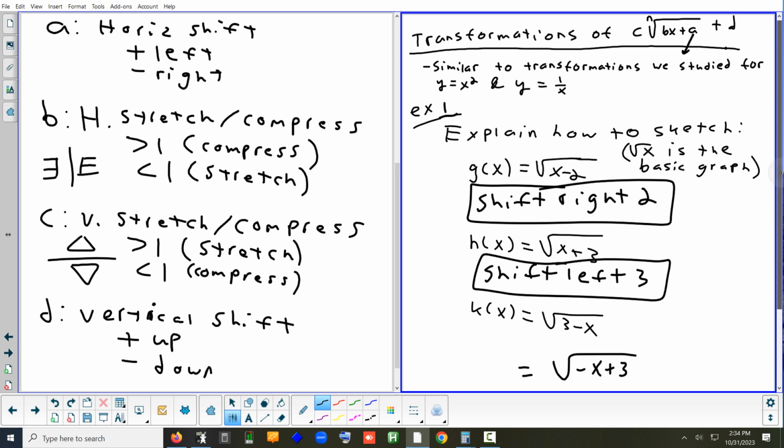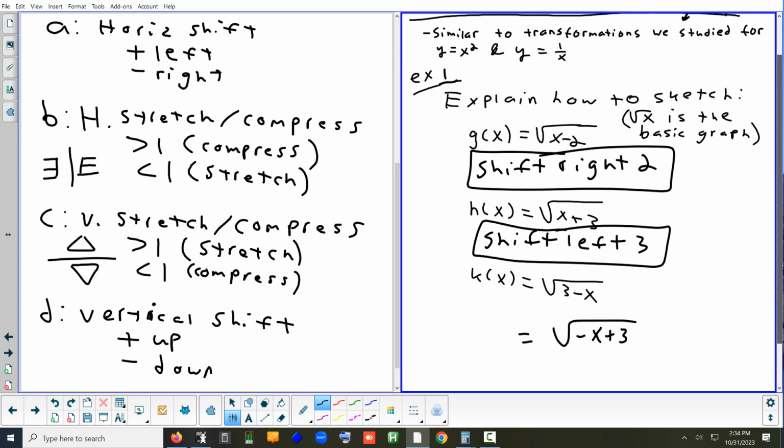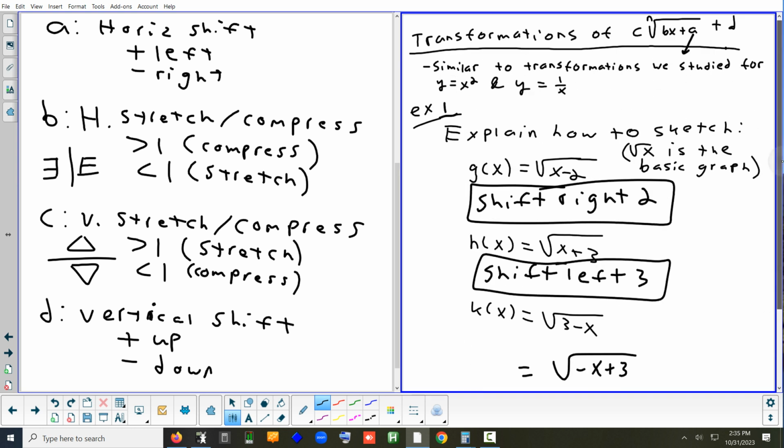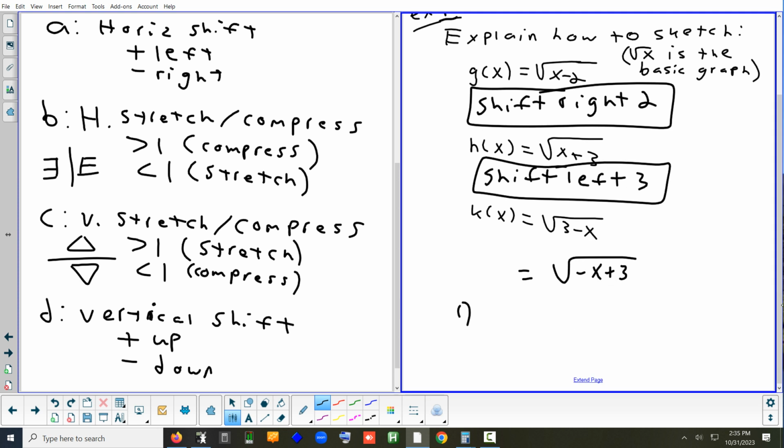It has to be A, B, C, then D. So what's the first thing that's happening there? Well, the reflection is letter B, but there's something on letter A we have to write first. Horizontal shift left. So we have to shift left 3.